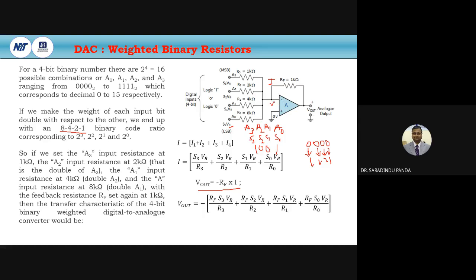So this is an inverting amplifier, and Vout should be minus RF into I. That is, Vout equals minus RF S3 VR by R3, RF S2 VR by R2, RF S1 VR by R1 and RF S0 VR by R0.